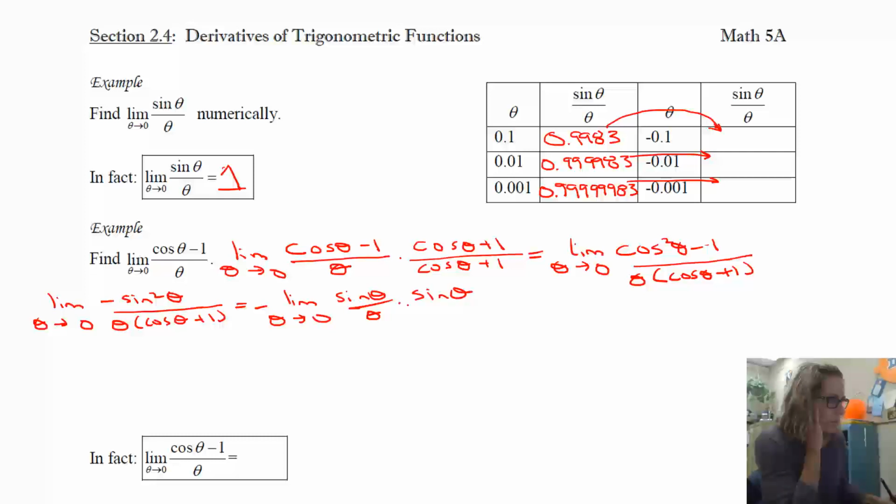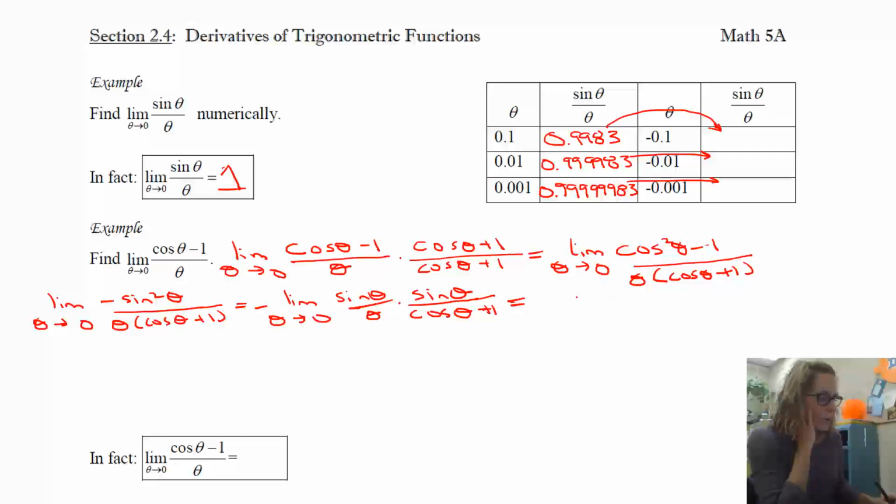So what I'm doing here is I'm separating the numerator into two pieces and then thus separating the denominator into two pieces, as you can see. And what that's going to do is allow me to kind of take separate limits, which will give me an answer. Because as we know, cosine of 0 is 1, and 1 minus 1 is 0, divided by 0 is 0. So we still have an issue here. We're not able to take this limit.